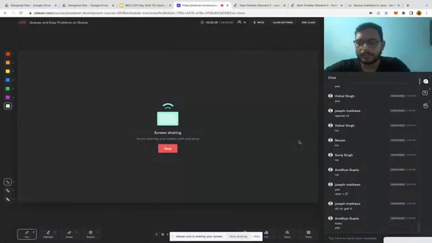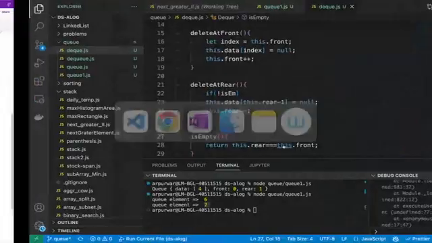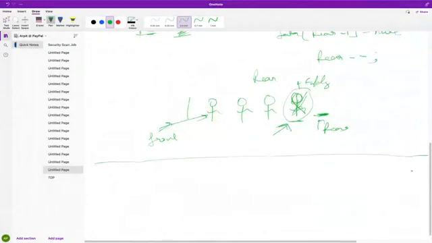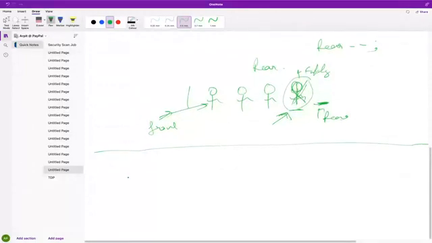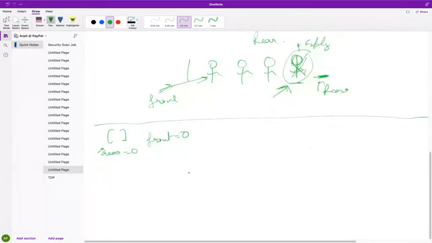Let's think about it. I have not thought about whether the empty method will be the same as earlier or not. Okay, so now in the starting, both would be at the same place. Rear will be 0 and front will also be 0.